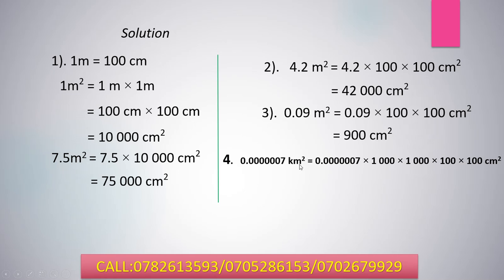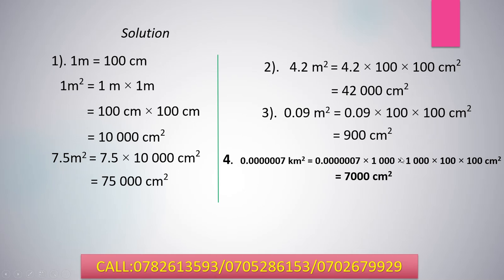Okay, how about 0.00007 kilometers squared? From kilometers you first change to meters, then from meters you change to centimeters. Remember that 1 kilometer is equal to 1,000 meters. So if it is squared, we square the 1,000 by multiplying 1,000 by 1,000, and then 1 meter squared is equal to 100 times 100 centimeters.